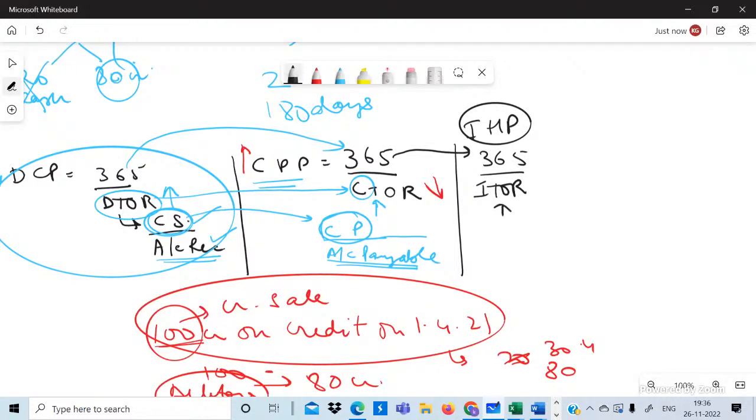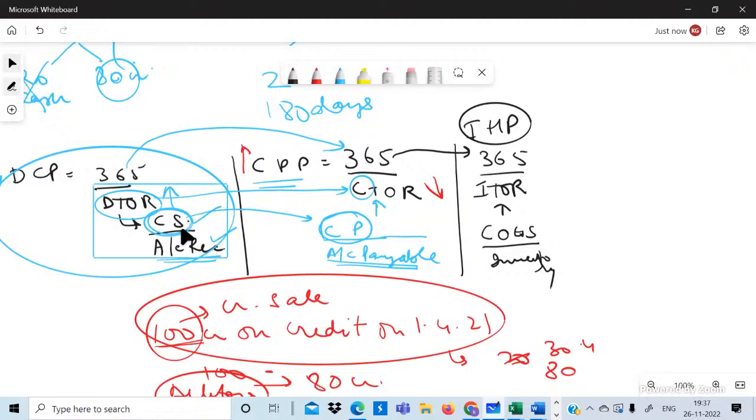For calculating inventory turnover ratio, I'll take numerator as cost of goods sold and I'll divide it by the inventory or stock, whatever you want to call it. So inventory holding period will be 365 upon inventory turnover ratio. For calculating the inventory turnover ratio, take your COGS and divide it by inventory. Any doubt with this, anyone?